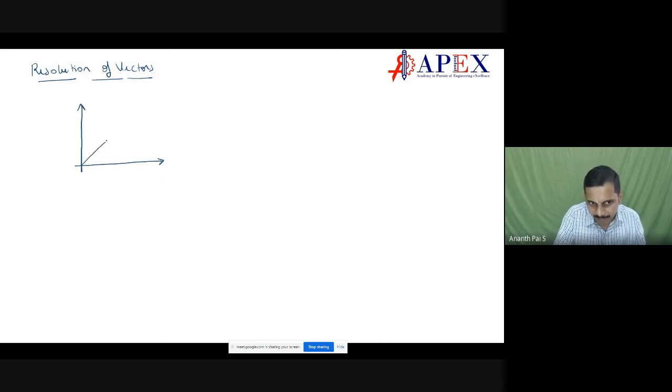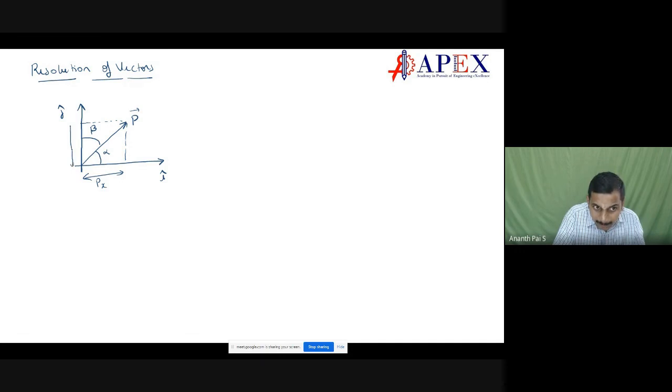If I have a vector P, say this is alpha and this is beta, now the component of this in the i direction and in the j direction. This is vector P. This one is called Px, which is the component of P in the x direction.